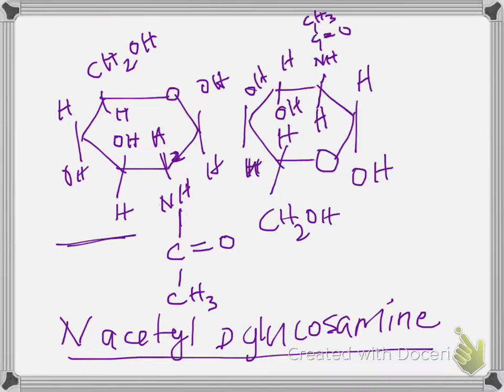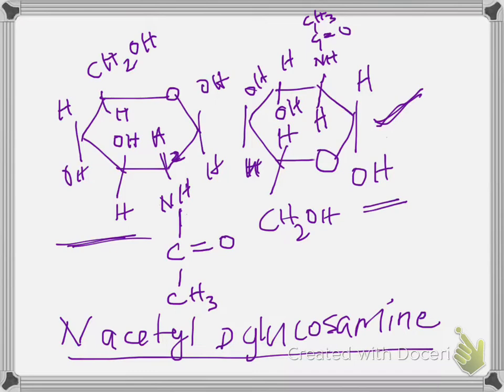This is the structure of the first N-acetyl D-glucosamine and this is the second N-acetyl D-glucosamine. The second structure is inverted to form the beta-1,4 linkage.